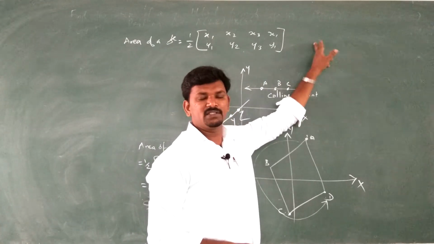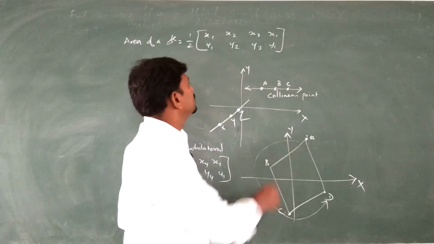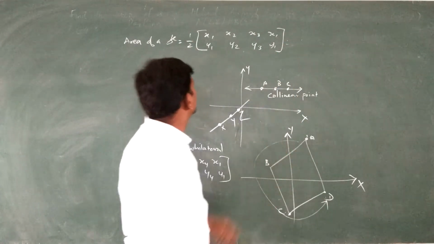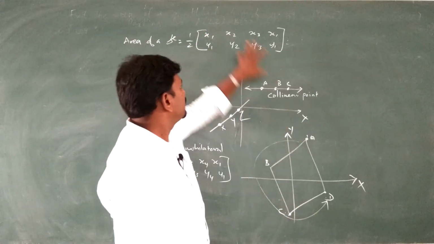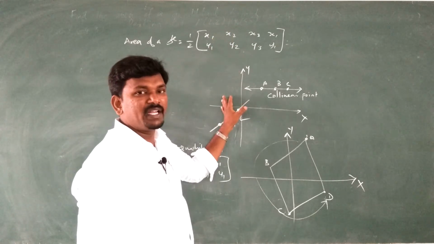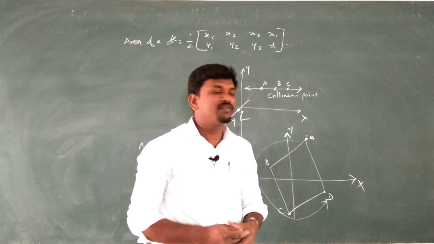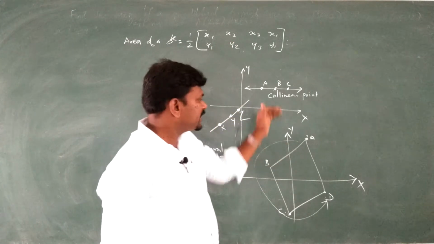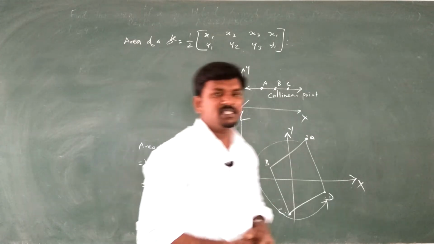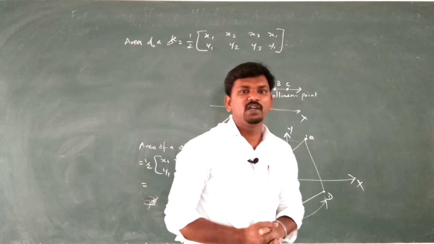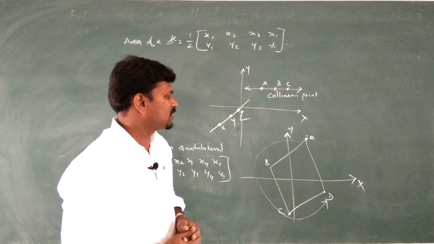The answer will be given, like 22 square units or 18 square units. We write that answer equal to the expression, then simplify this side, and sometimes we get a simple linear equation, sometimes a quadratic equation. If we get a quadratic equation, we factorize and solve. If we get a linear equation, we simply find the unknown value. We can solve like that.